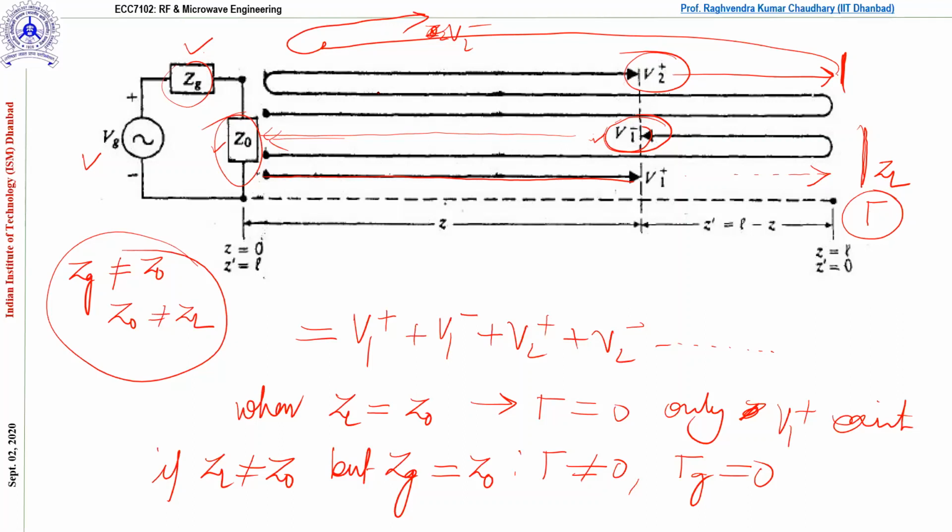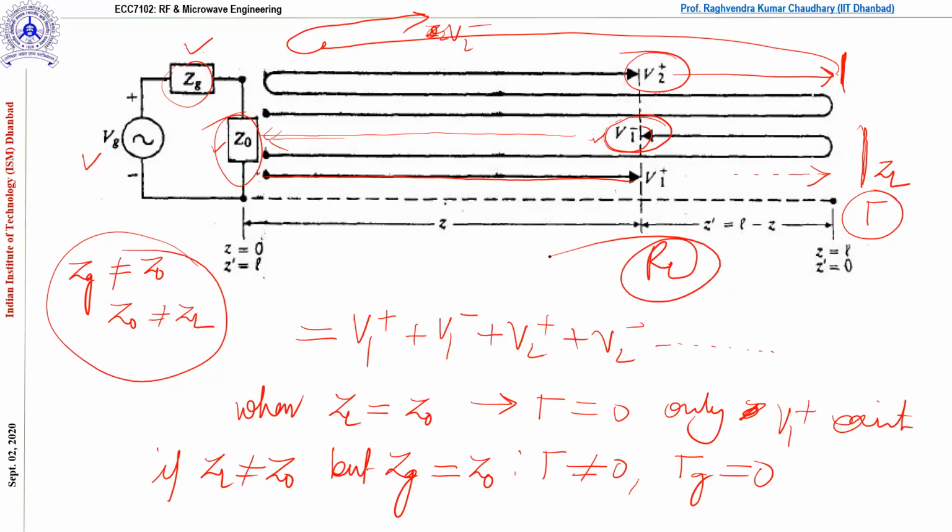Now, so far we have seen that the termination is not complex. The termination we used is RL. In the next class, we'll see if these transmission lines are terminated with a purely capacitive load, an inductive load, or a complex load, then will the situation remain the same or have some changes?